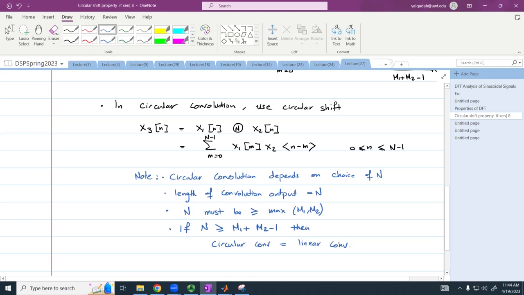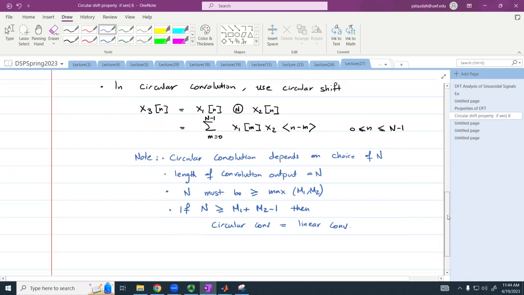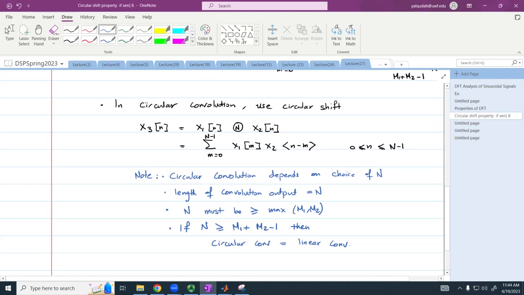Okay, so with all that, let's see how we can perform the circular convolution, and we'll see why circular convolution is also important.